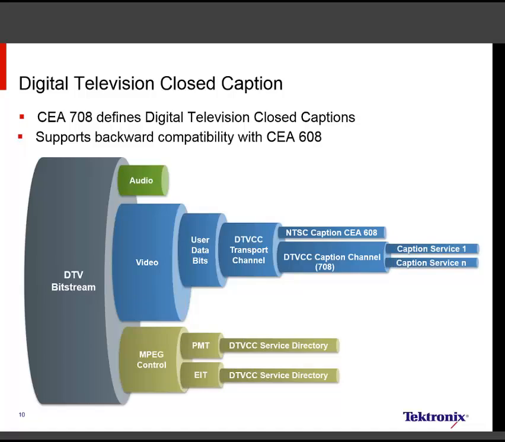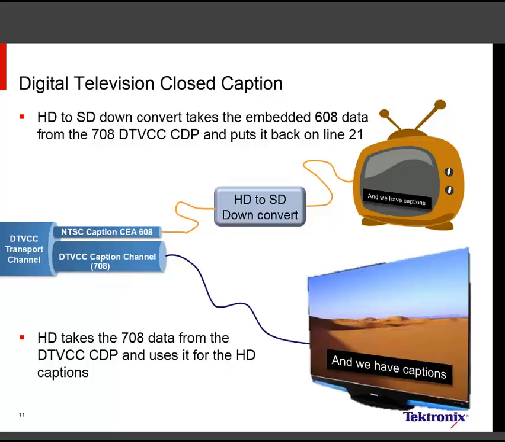The CEA 708 defines the digital television closed captions, 708 captions. They defined a backwards compatibility within there to where we will carry a complete 608 payload along with the DTV-CC payload, what we commonly call the 708 payload. That carriage of the 608 is for down conversion.